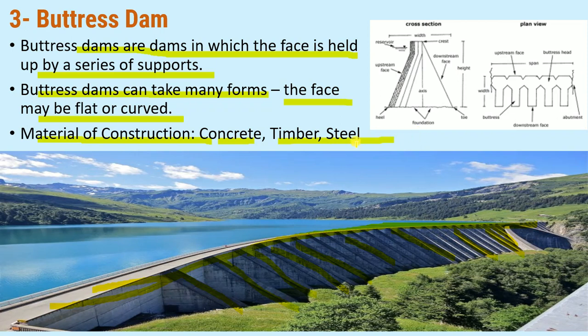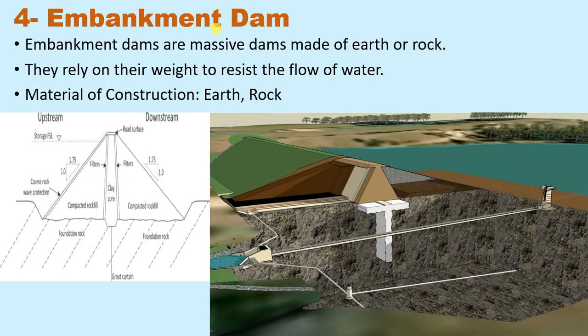Embankment dams. The embankment dams are massive dams made of earth or rock. Generally these embankment dams are created to control river water, to control floods. They rely on their weight and resist the flow of water.